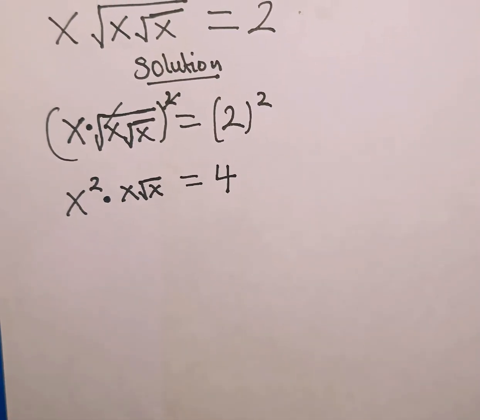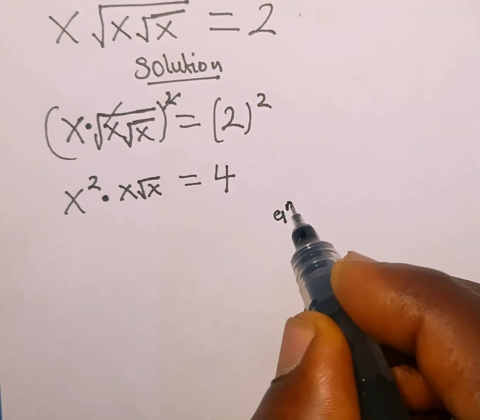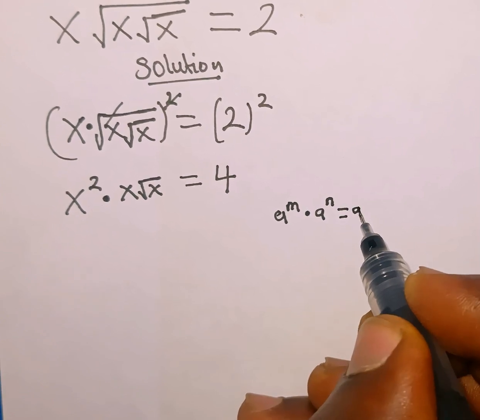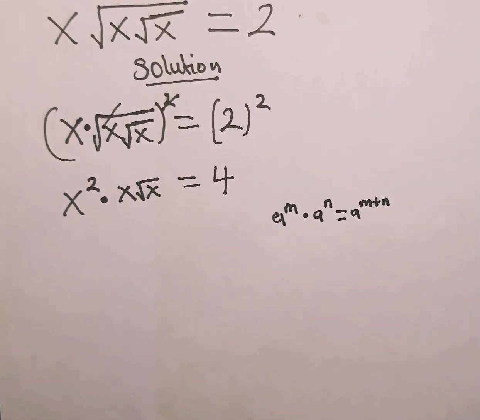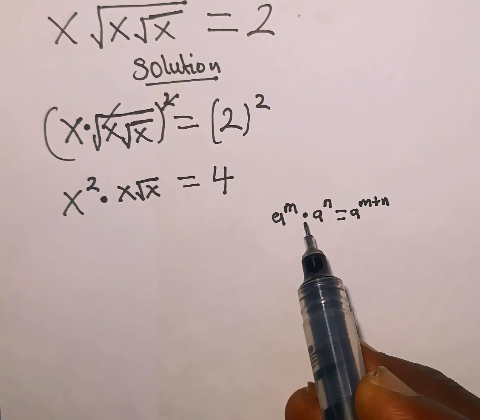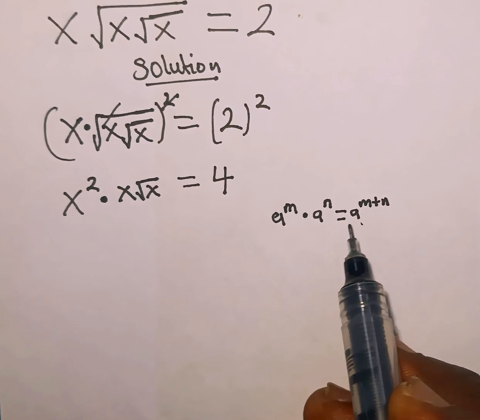Now the next thing we're going to recall is that when we have a raised to the power of m multiplied by a raised to the power of n, this is the same as a raised to the power of m plus n. This is one of the properties of indices. When you have the same base and there's multiplication, what we do is write one of the base, then add the two powers together.